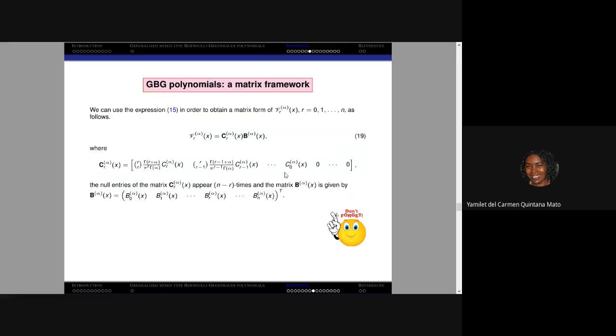And this expression is given by means of the product of two matrices.